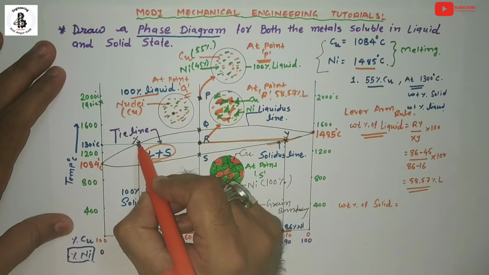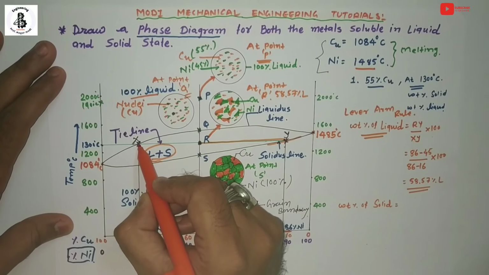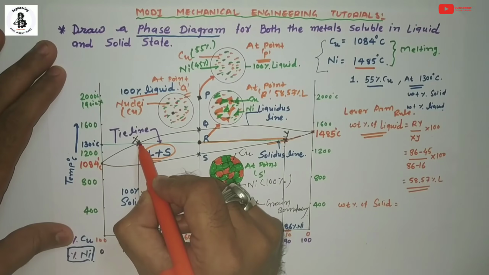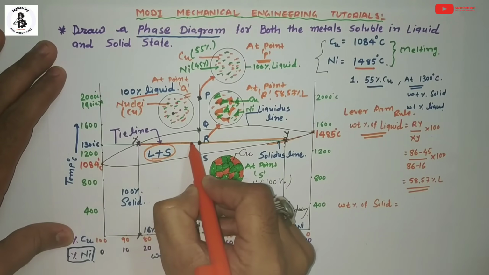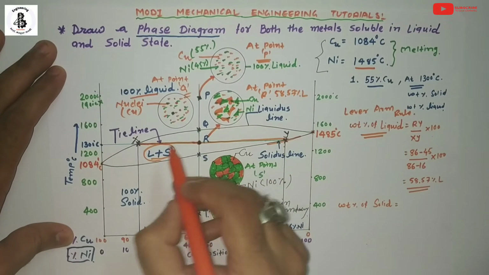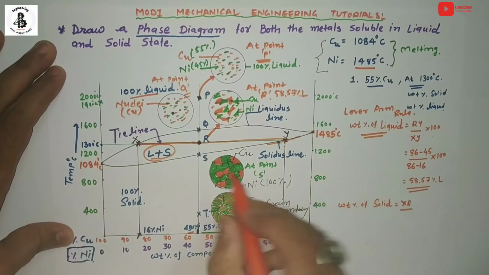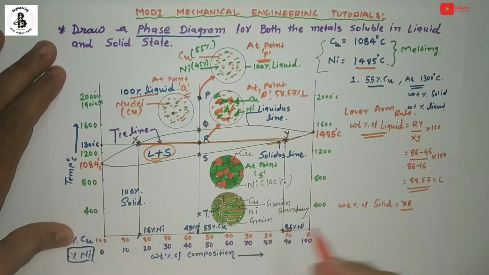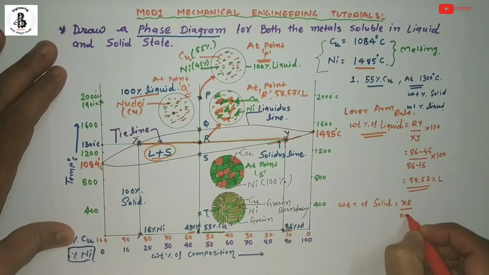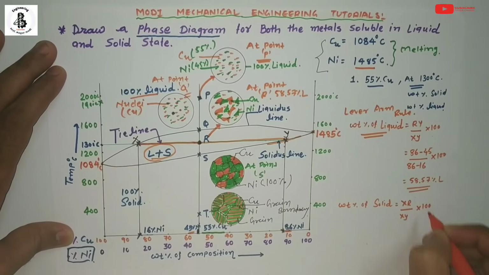So here that will be the X point, intersecting with the liquidus line. Just take the distance for finding the weight percentage of the solid. That will be XR divided by the total distance, XY, into 100.